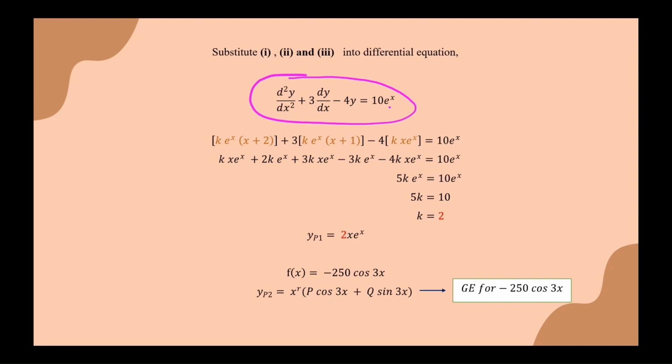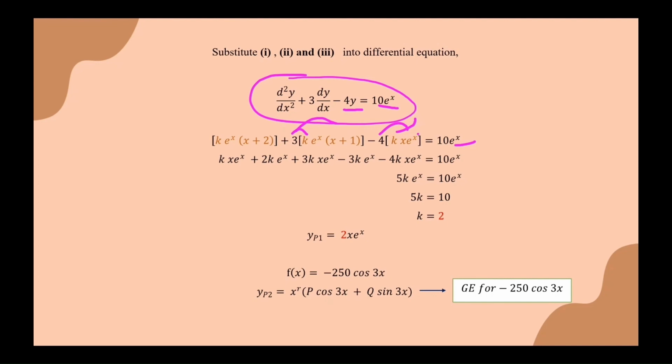After you substitute the values, you get k e^x (x plus 2) plus 3 k e^x (x plus 1) minus 4 k e^x times x, equals, don't forget this coefficient over here, rewrite it. When you solve this equation, please don't forget to expand these values.